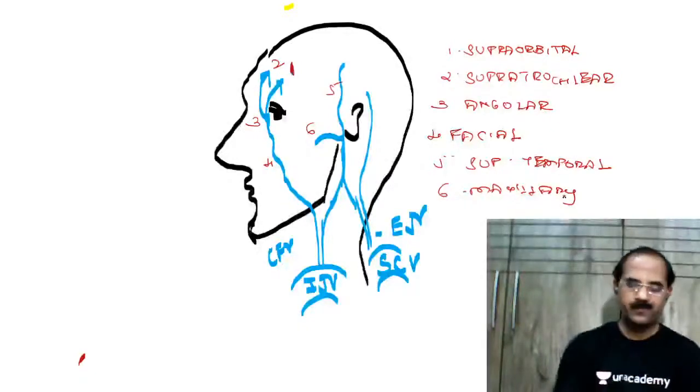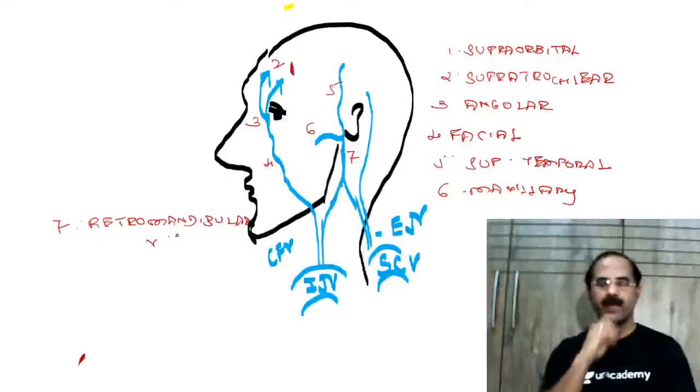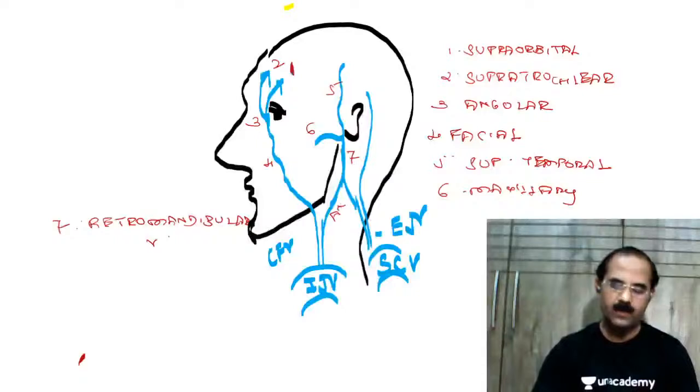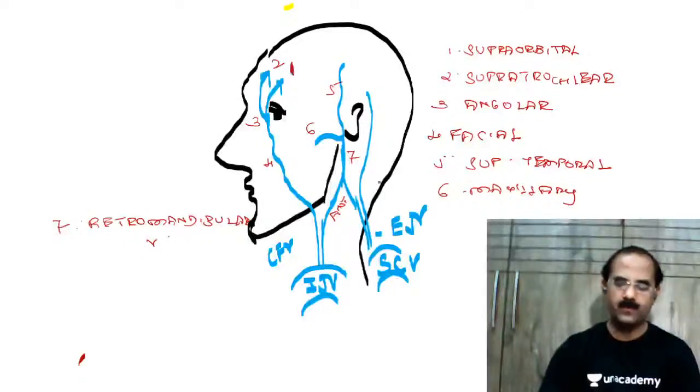Okay. Coming here, 7, the retromandibular vein, and the retromandibular vein divides into an anterior and a posterior division. This is anterior and this is the posterior division.